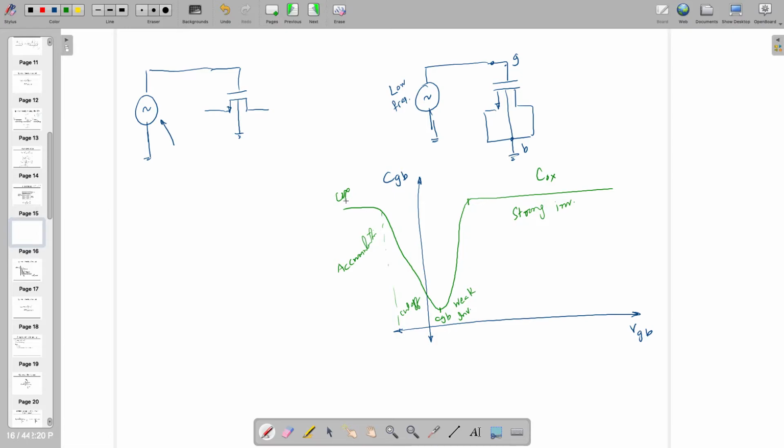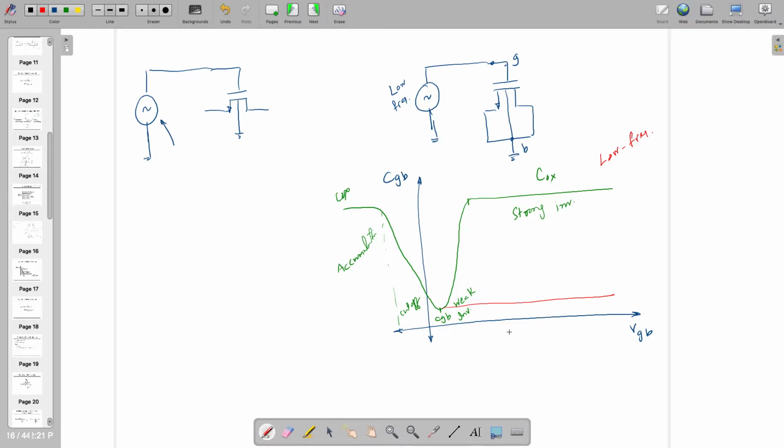So this is for low frequency, you are saying. What is going to happen if it is high frequency? Okay, but why is it like this? Why is it going down?